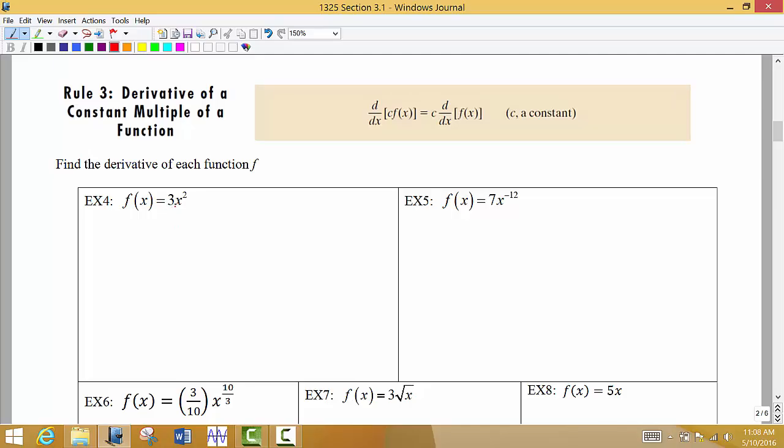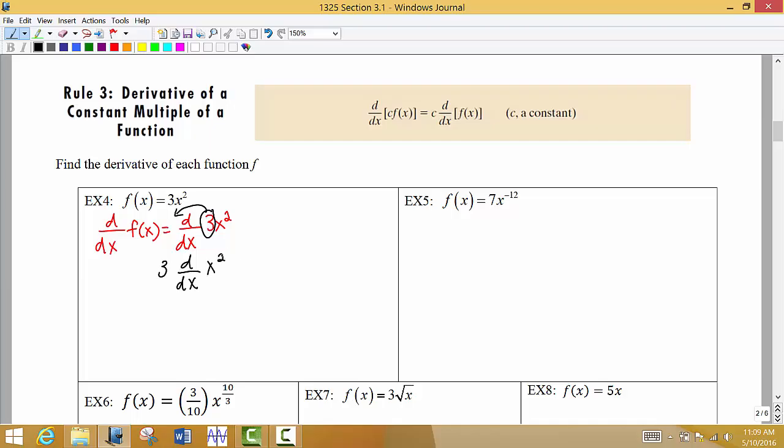So in other words here, if I was going to find the derivative, so I'm going to kind of use that notation really quick here. If I was going to find the derivative of both sides, what I can actually do is take the 3, that constant that's out front of that x to that power, and bring the 3 out front of that derivative notation.